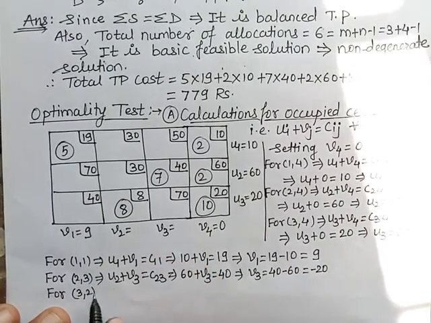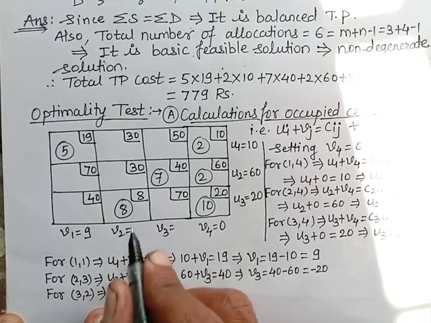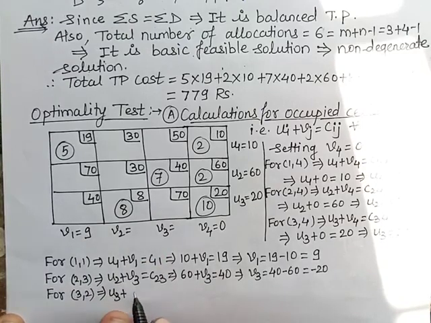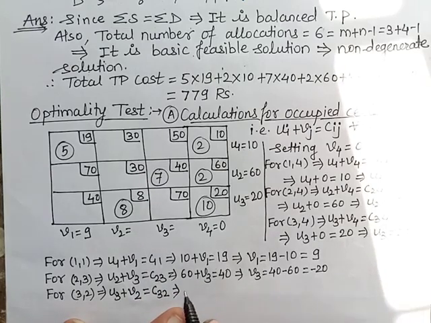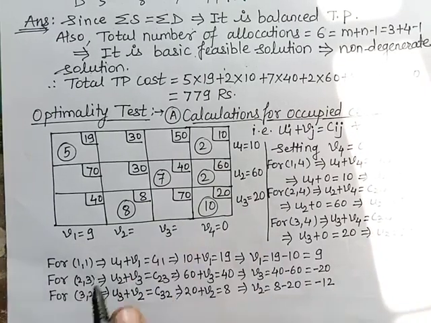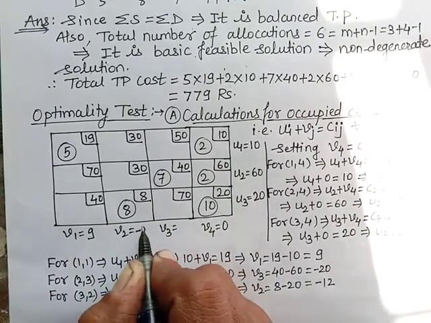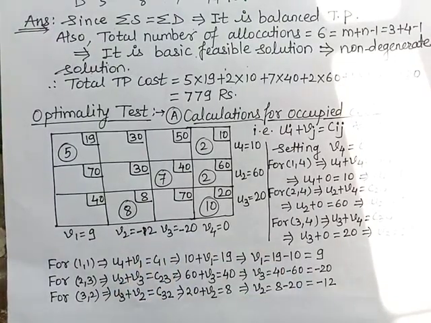For cell 3,2, u3 plus v2 is equal to c32. u3 is 20, c32 is 8, so v2 is 8 minus 20, that is minus 12. So here it is minus 12 and minus 20.